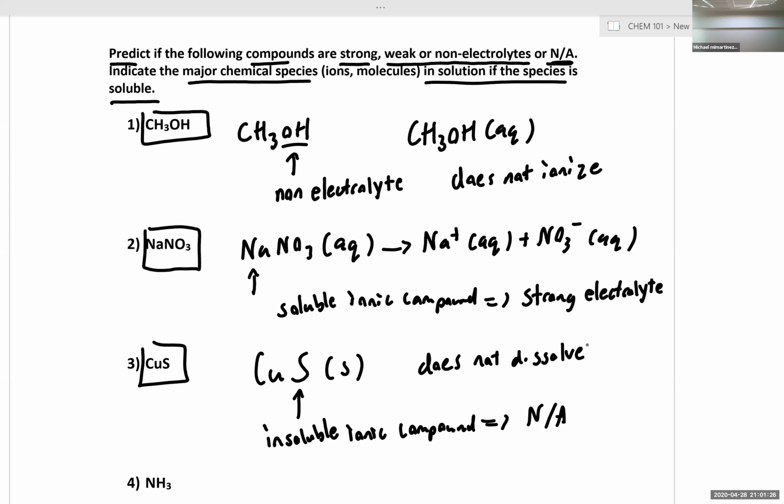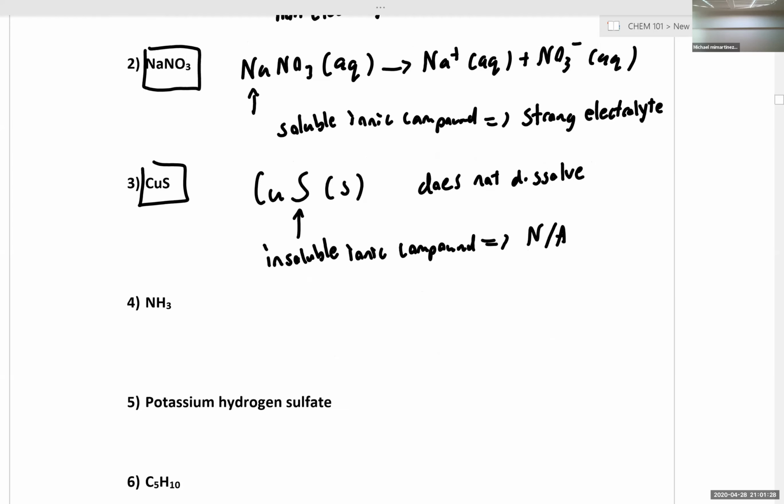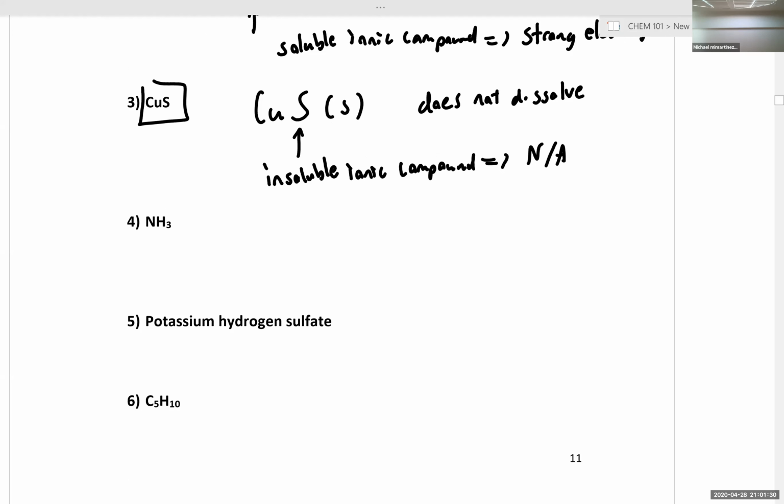To check that everyone's comfortable with this idea, I want you to tackle the next 3 examples. Tell me whether they're strong, weak, or non-electrolytes, and identify the major species in solution. Let's take about 2 to 3 minutes to work on this, and then we'll come together as a group to discuss.